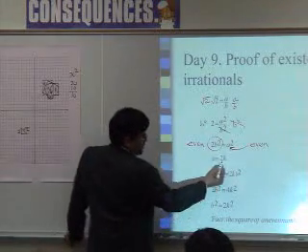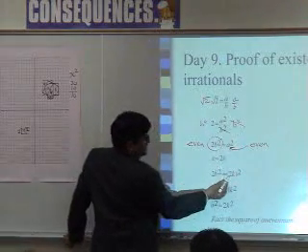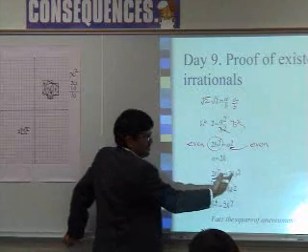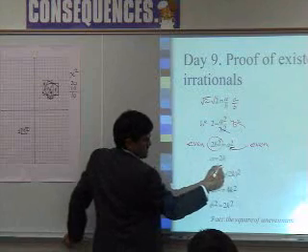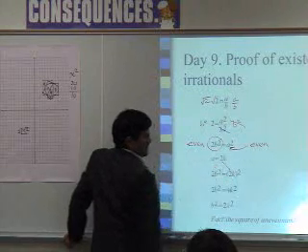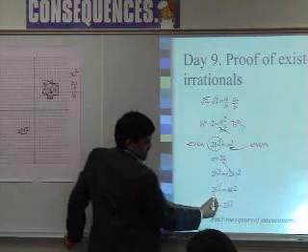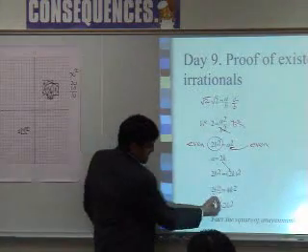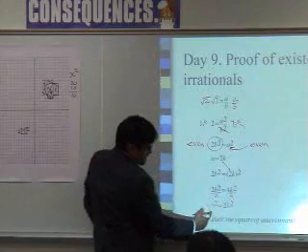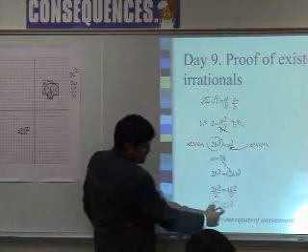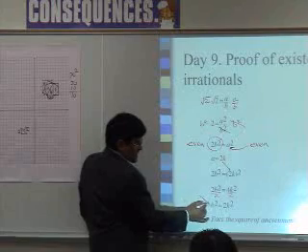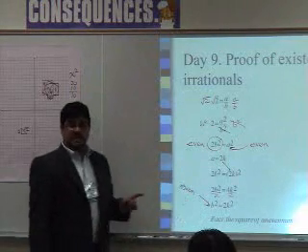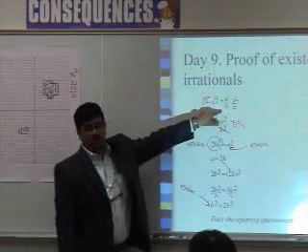So I could replace a right here with 2k. You see this a, I'm replacing it with 2k. So now I have 2b squared equals 4k squared. If I divide by 2, I get b squared equals 2k squared, which makes b even also. Which is nonsense, because I said that this is in lowest terms.